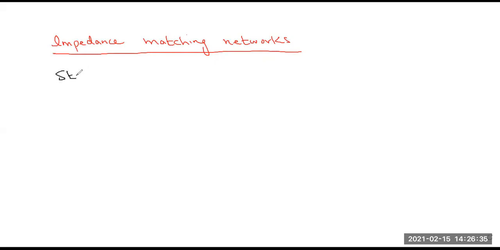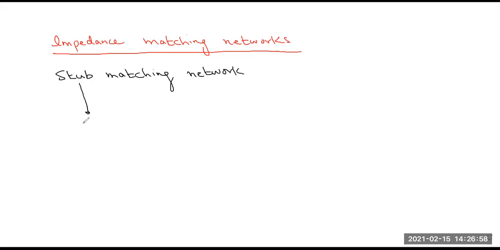Stub matching. I already mentioned this, but let me recapture what we said about stub.